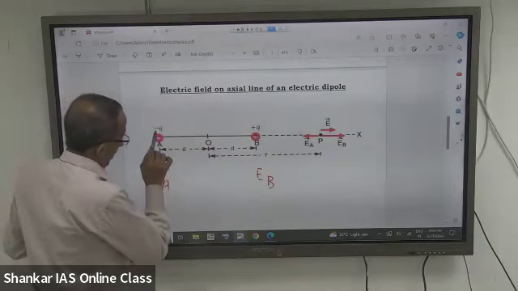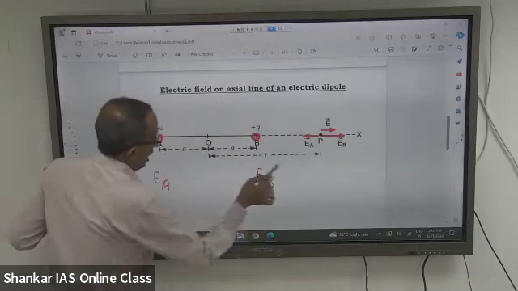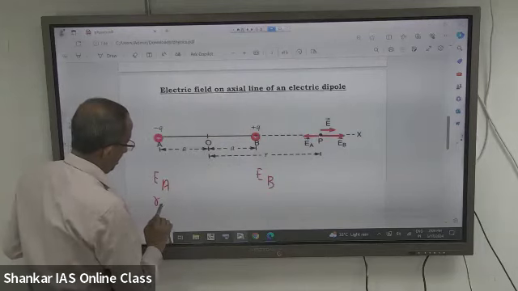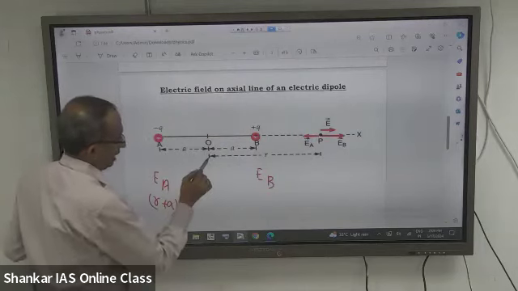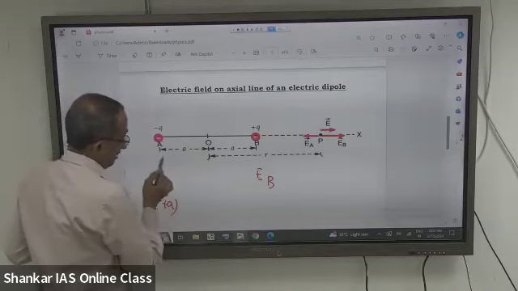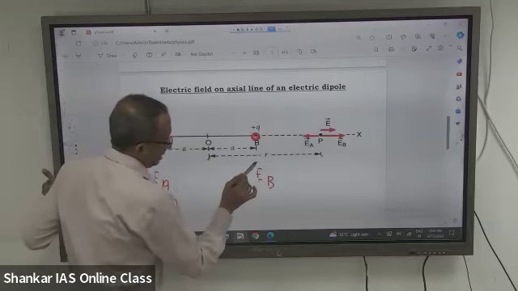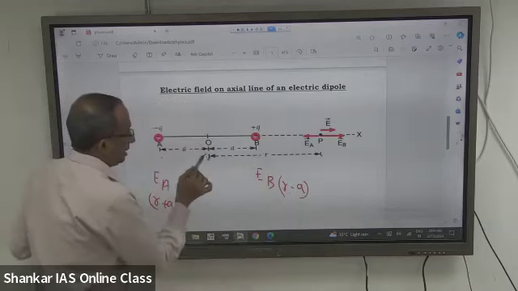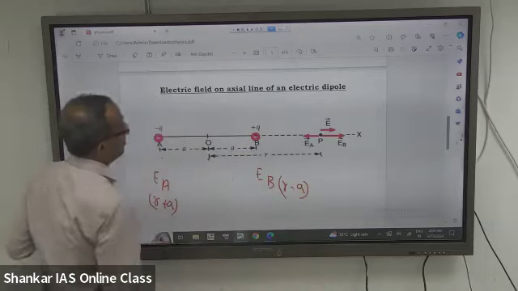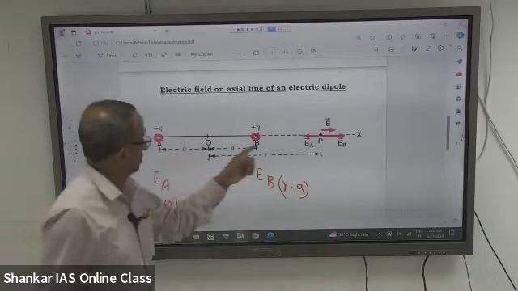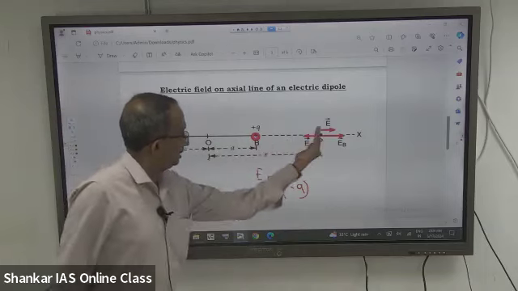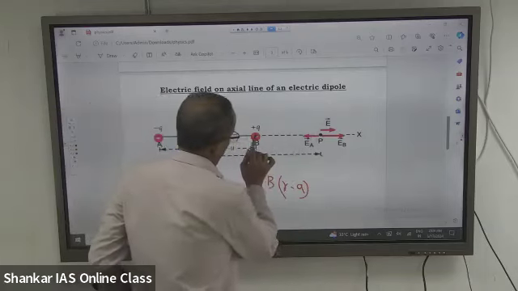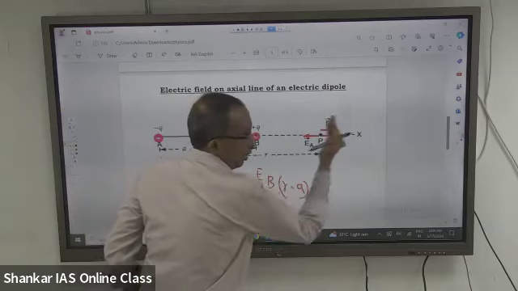For minus Q, the distance is R plus A, because R is from the center to here, then plus A. For EB, it is R minus A, because only this distance we have to consider. The electric field due to minus Q charge is acting towards A, but the electric field due to plus charge is acting in the opposite direction.